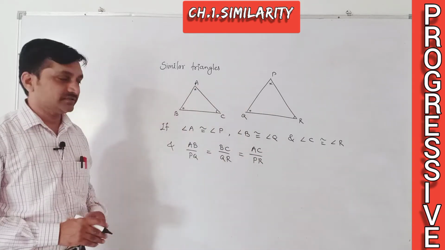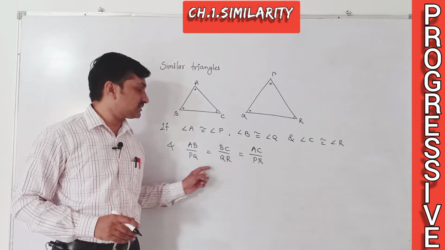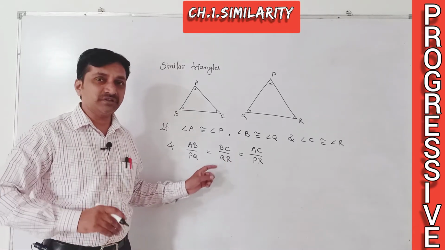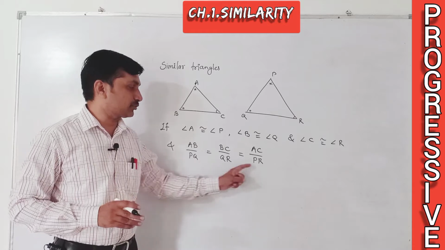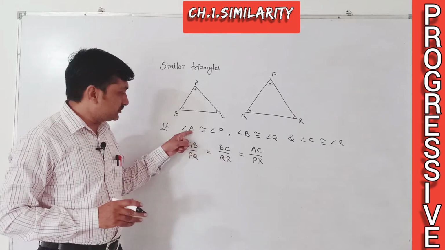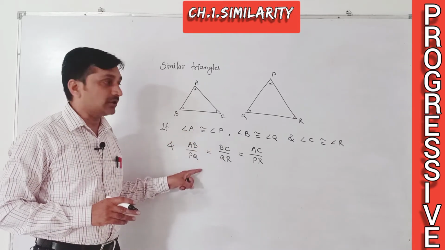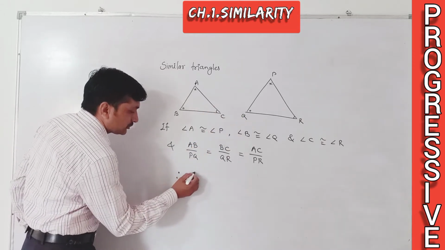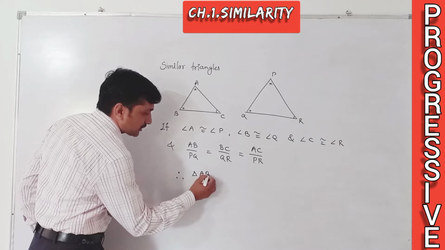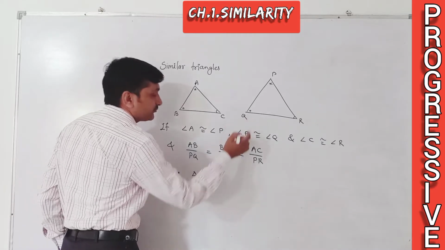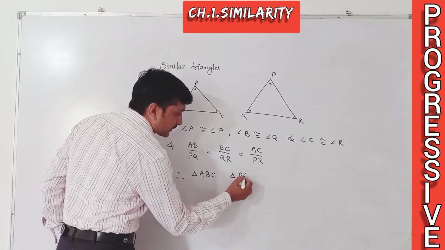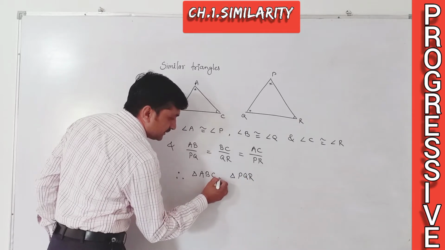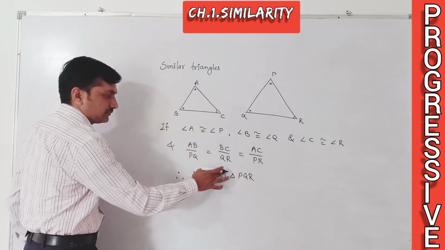These are corresponding sides. If corresponding sides are in proportion, it means their ratios are equal. If these two conditions are applied to the triangles, then we can say that these two triangles are similar. Triangle ABC is similar to triangle PQR, and symbolically it is written like this.